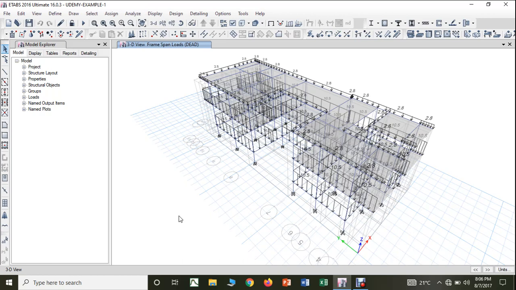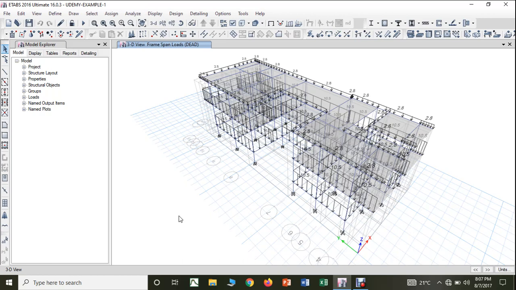For a normal residential building, assuming no other kinds of loads are acting, the usual live load that we consider for the design is 3 kilonewton per meter square.